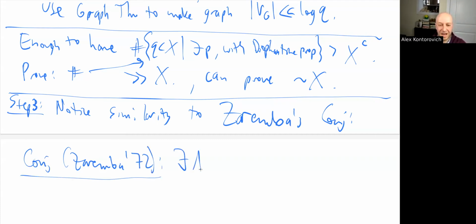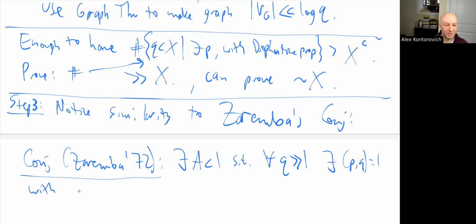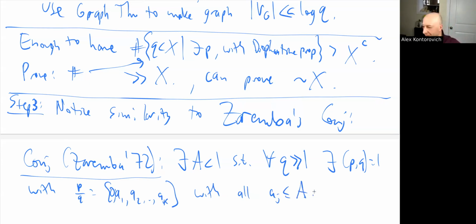It says there exists an absolute constant A, so that for all Q, or maybe sufficiently large Q, there exists a coprime P with P over Q having continued fraction starting with a 0, A1, A2, up to AK, doesn't matter what the length is, with all partial quotients bounded by A. Okay, so the difference is now we're asking not only for all the partial quotients to be bounded, but also for every other partial quotient to be a 1.